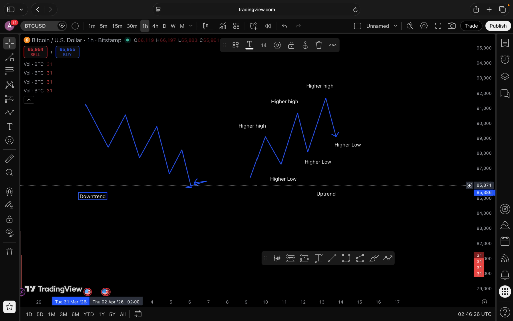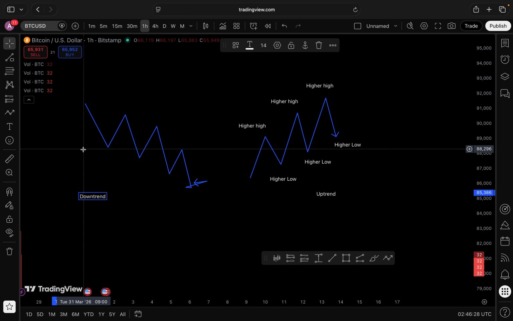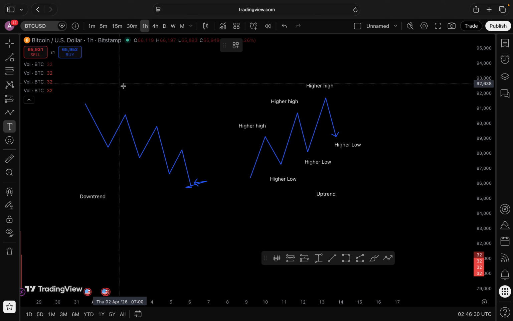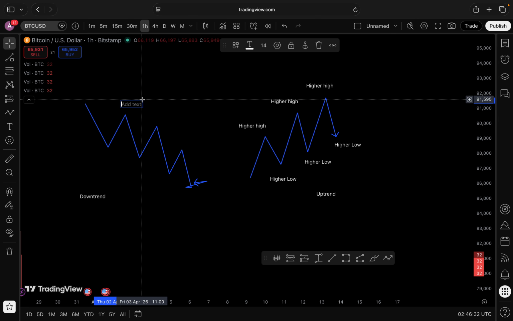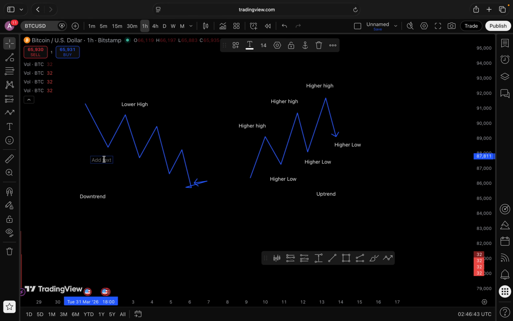My dog's drinking water, so that's just what he do, man. Leave my little guy alone, man. Don't worry about him. But this is a downtrend. Lower high, boom, and this is a lower low. And then we gonna duplicate this.